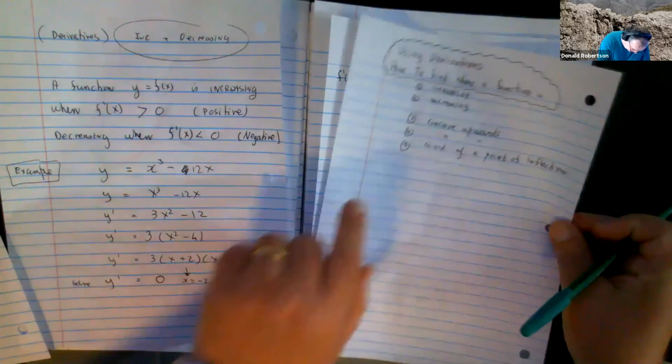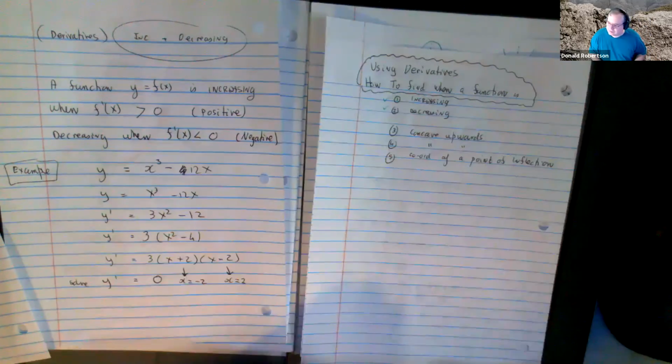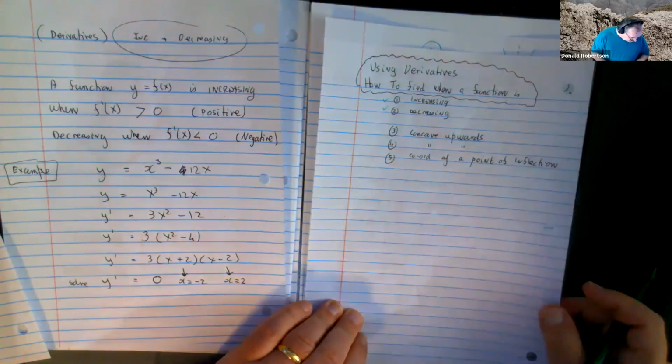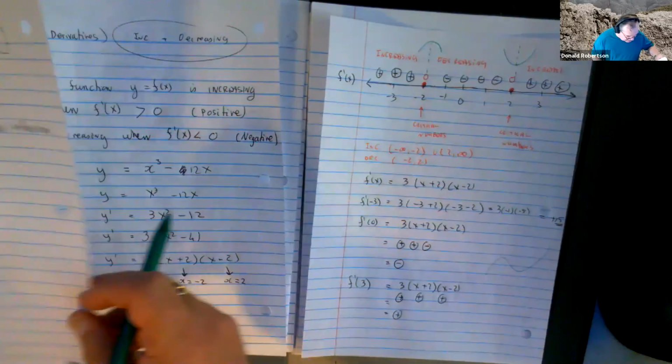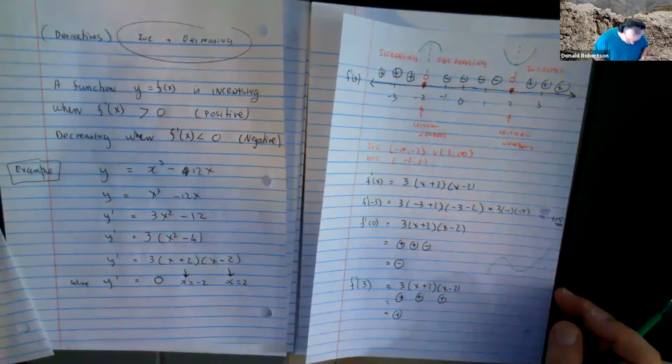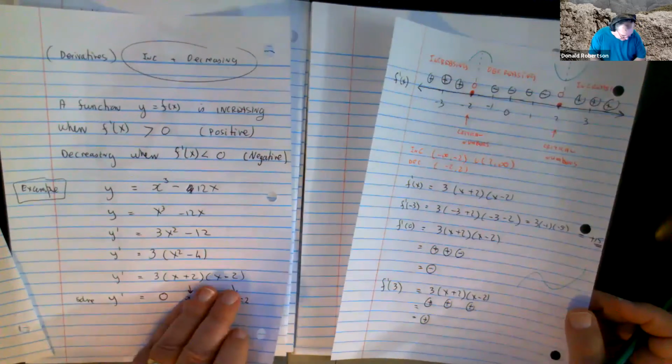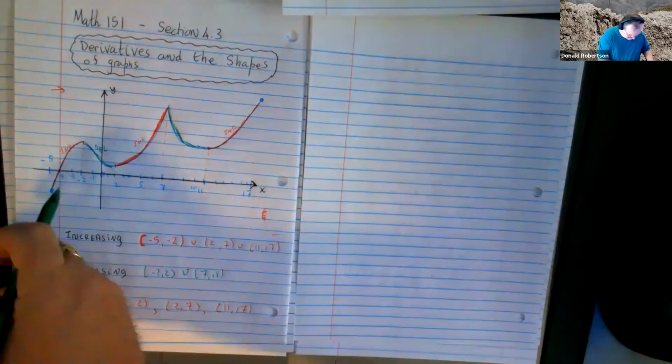Check, check. That's us two. Wouldn't we like to know concave up and concave down? Wouldn't that be nice? Is there a way that calculus can tell us concave up or concave down?